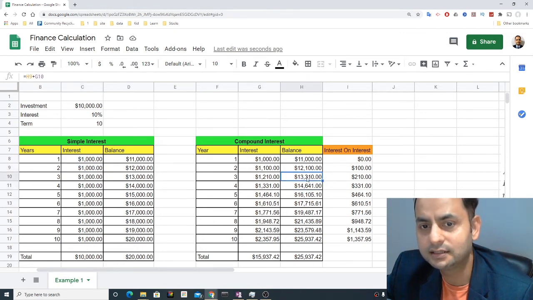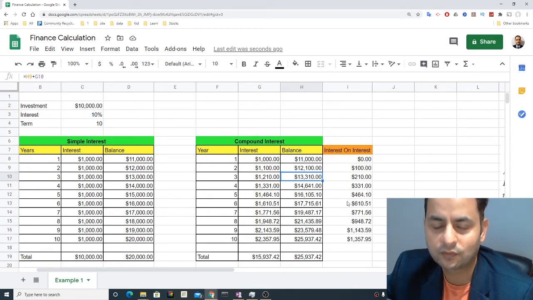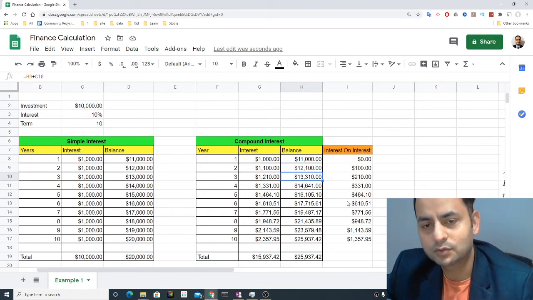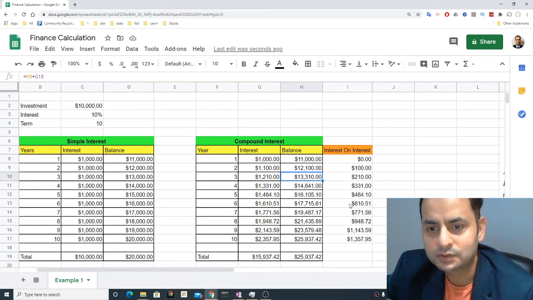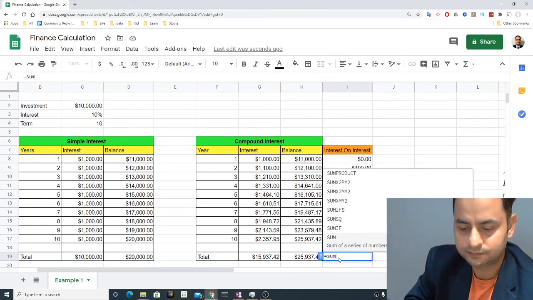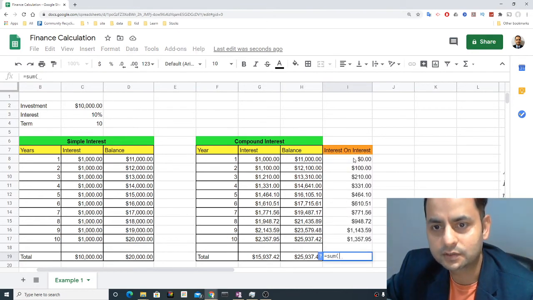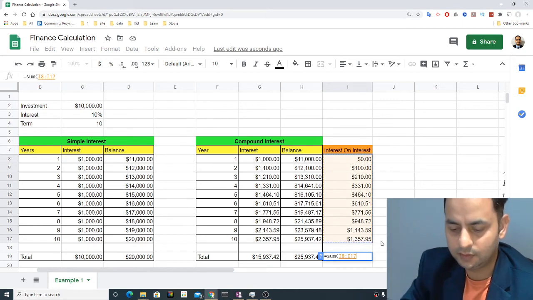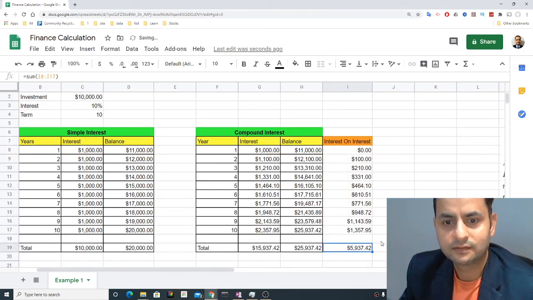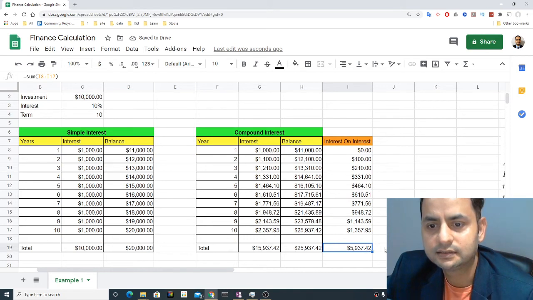In the same way, in this third year we got 3,310, right, and so on. The previous years' money gets invested and we get the return on it. So when we do the sum of all this interest on interest, it will be $5,937.